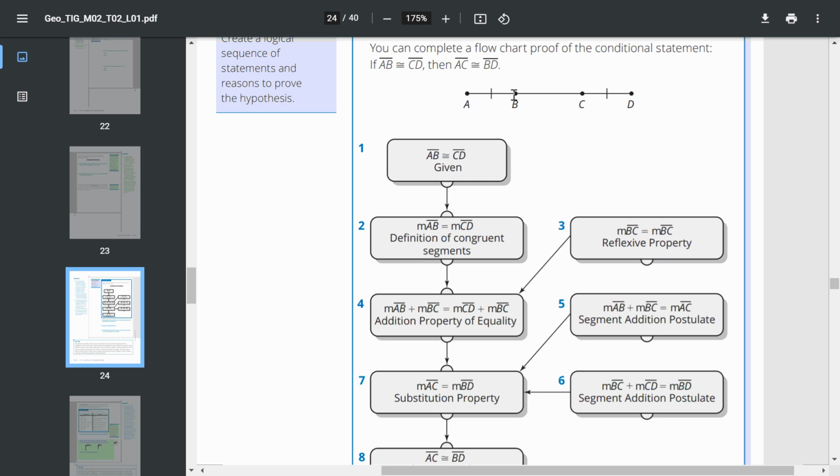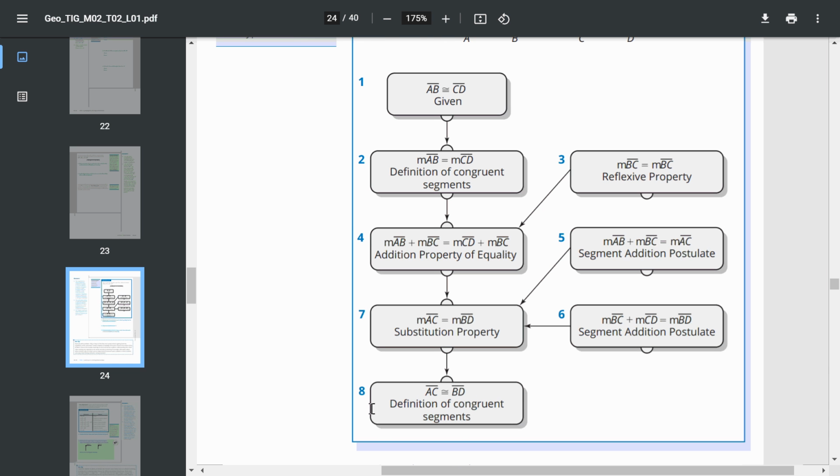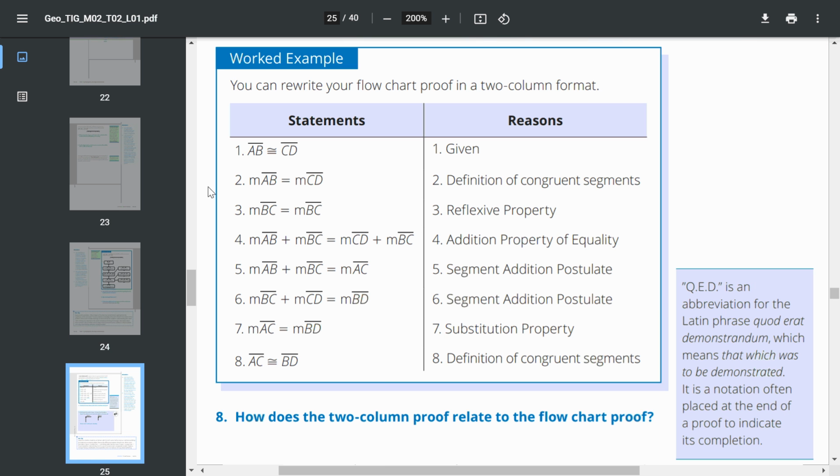The fact that AB plus BC equals AC, and then CD plus BC is going to give me the length of BD. So both of those being segment addition postulate to back up this substitution property. Therefore, now we can say that AC is equal to BD by the definition of congruent segments.